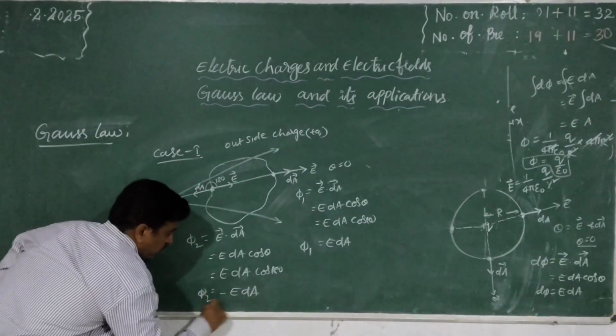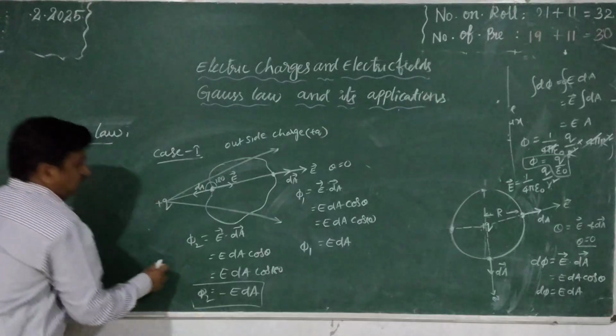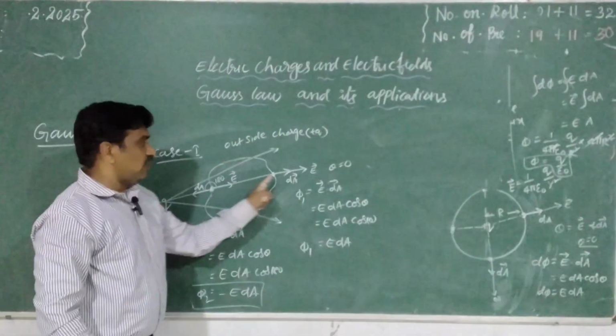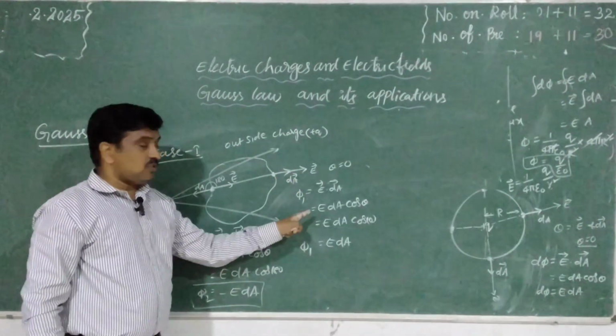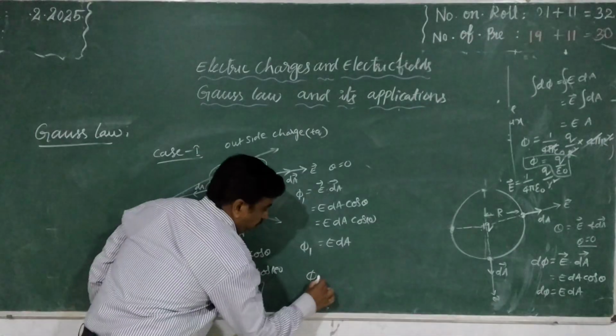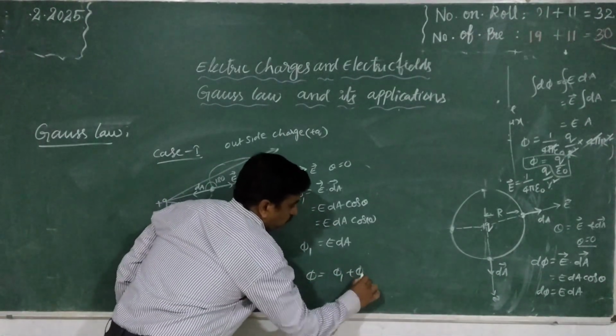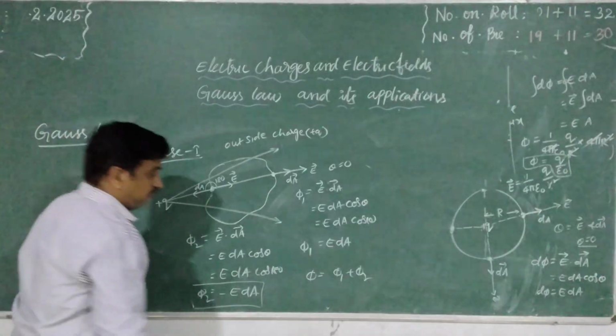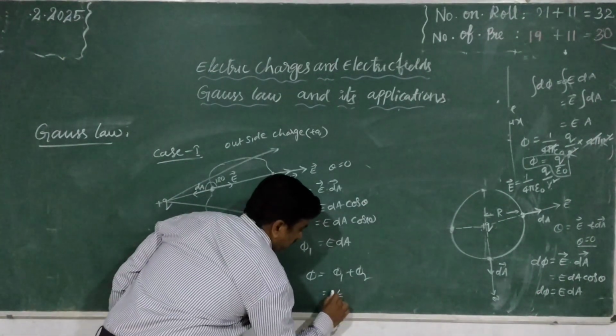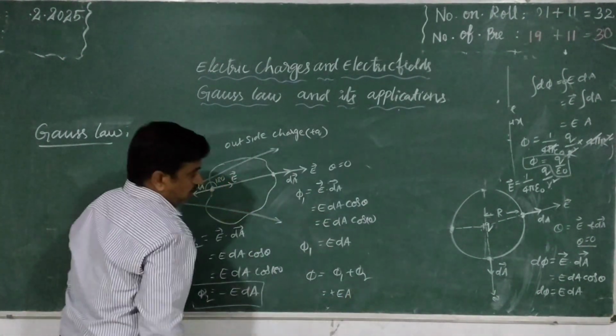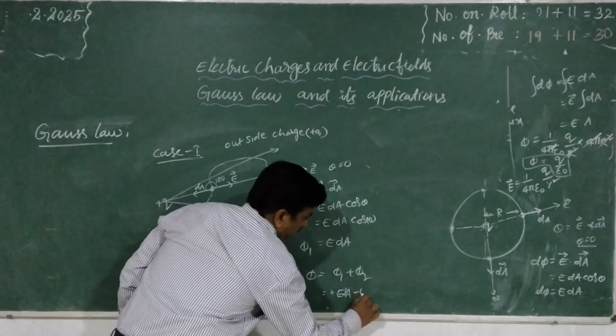Flux through this area is minus EdA, and through the other area is plus EdA. The total flux phi equals phi 1 plus phi 2. Phi 1 is plus EdA, phi 2 is minus EdA.